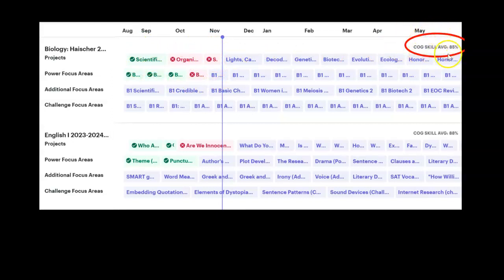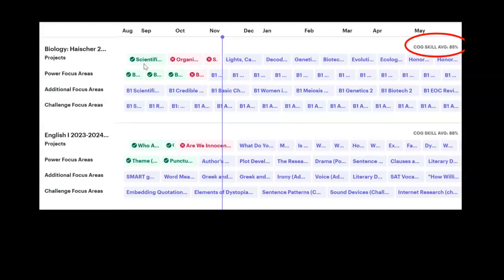Also up here, we see this COG skill average. This is not the student's overall grade in the course. If we remember back to a previous video, the student actually has a 75% overall in their course. This COG skill average is just the student's skill average in projects. So this grade refers to how the student is doing in their projects.